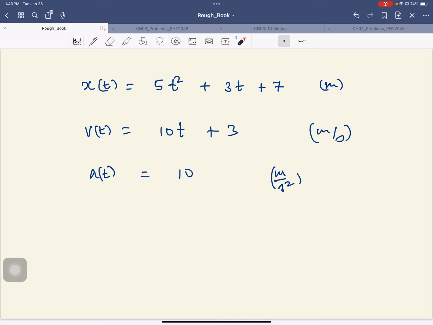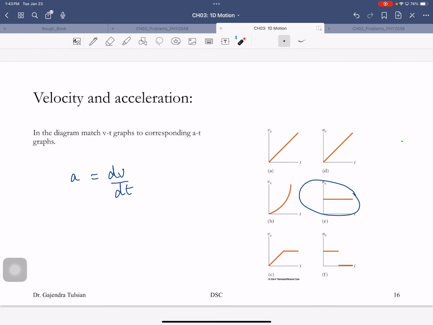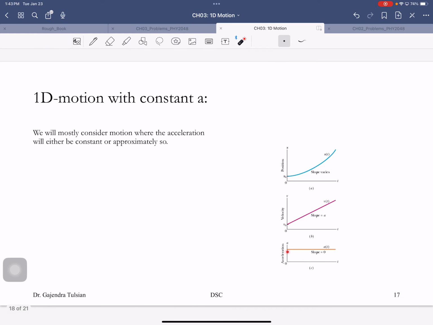Did you guys understand that? So velocity is linearly increasing or decreasing with time. The position is a parabola with respect to time, a quadratic function of time.